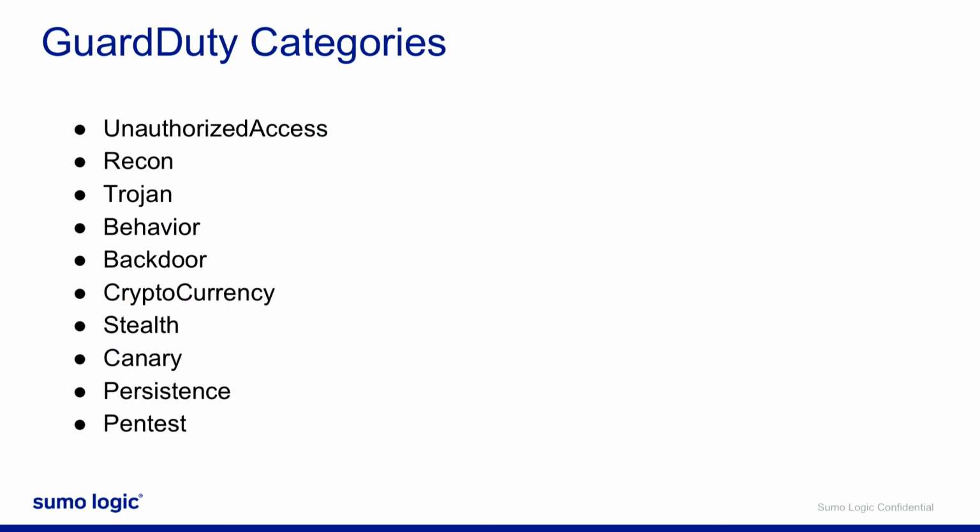So what does GuardDuty do? First, it scans your environment and bucketizes every threat that it finds into these 10 categories. Access, crypto, persistence, behavior, backdoor access, things like that.